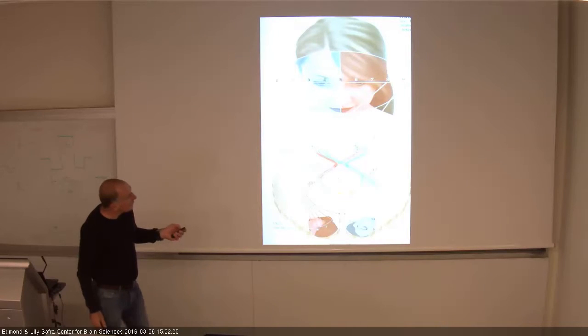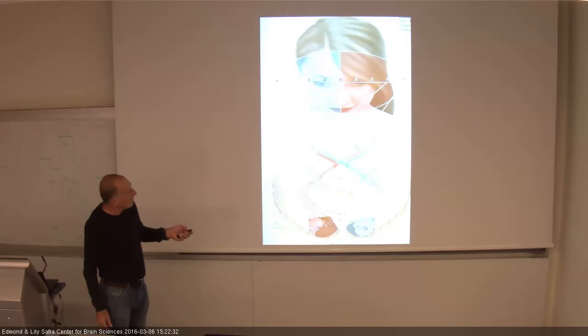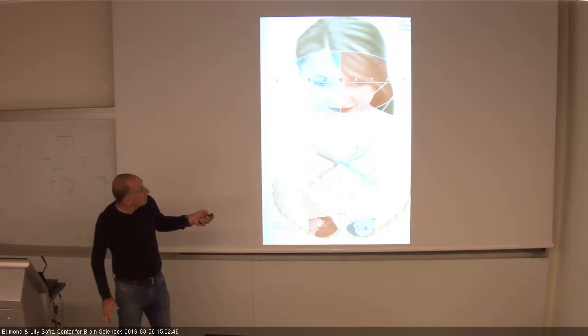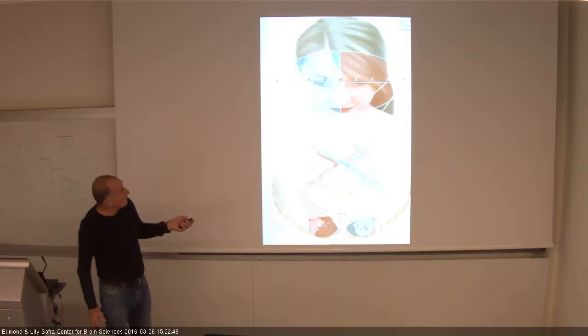I think we've covered this very briefly in basic physiology: this information goes through the optic nerve and through the optic chiasm. Let's look at the red lines here, which correspond to the right visual field, and that would project to the left geniculate here.